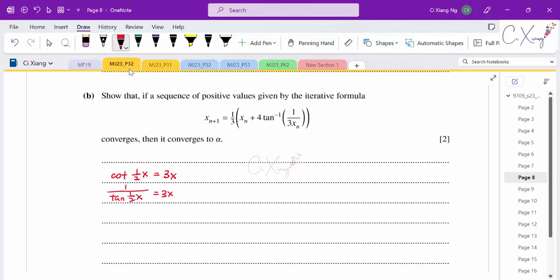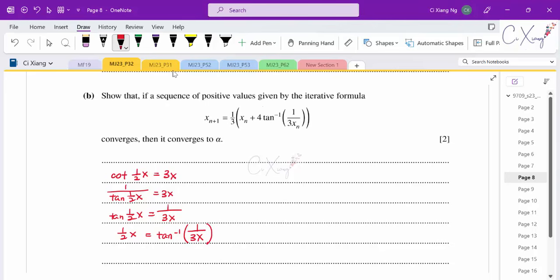I want to bring it up, so it becomes tangent half x equals 1 over 3x. I can see that the 1 over 3x is inside the tangent inverse. Therefore, at this step, I will straight away take the tangent inverse, giving tangent inverse of 1 over 3x.